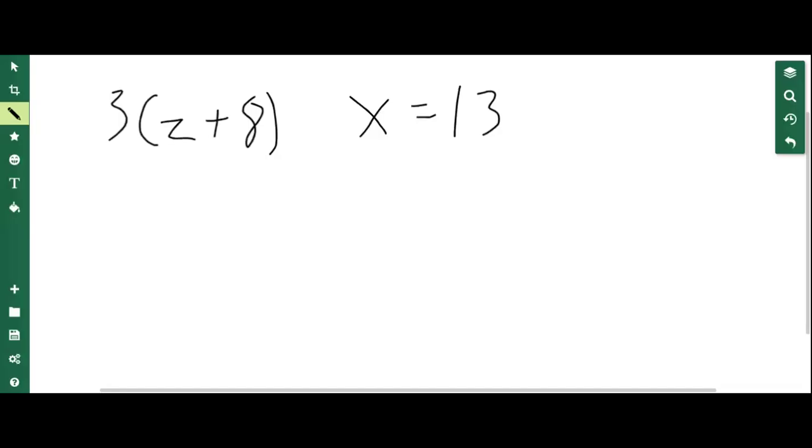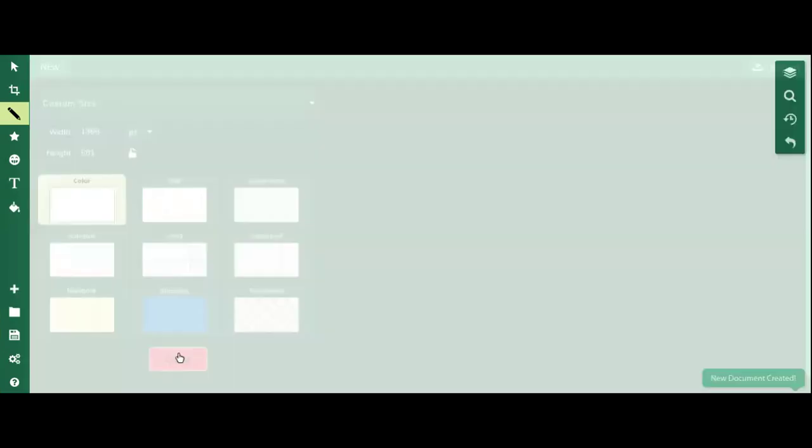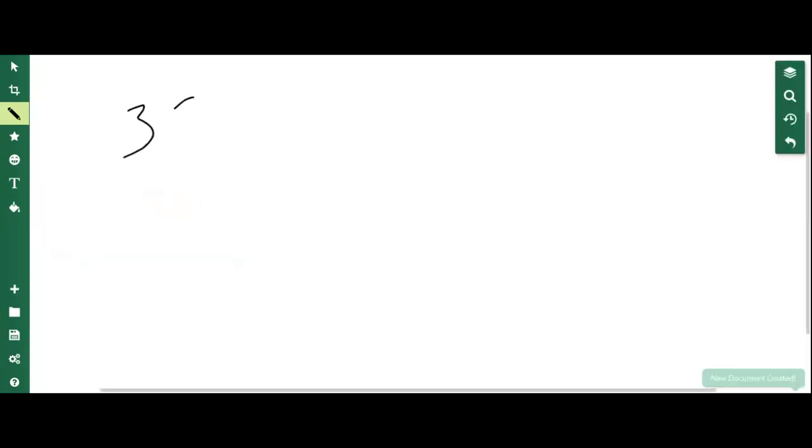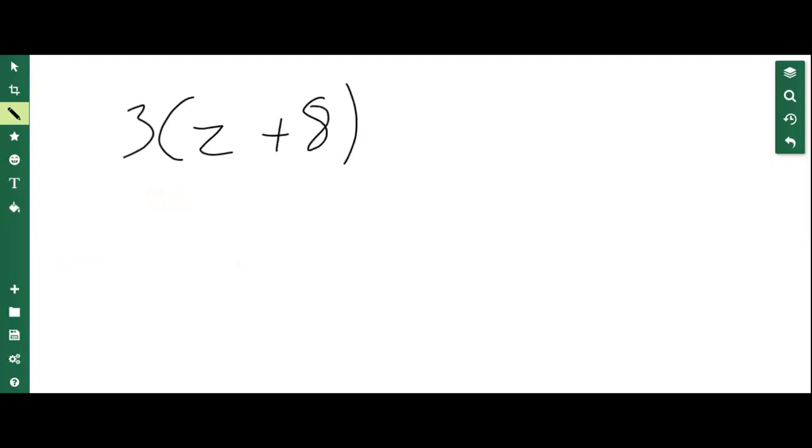So it's telling us to evaluate, right? So we have 3z, sorry, I wrote it wrong. It's 3 times the quantity z plus 8. And they're telling us to evaluate it when z is equal to 13.